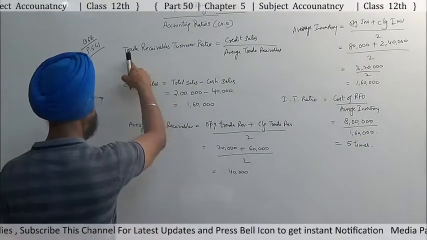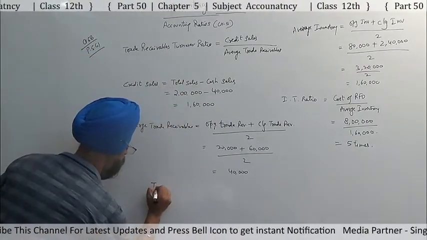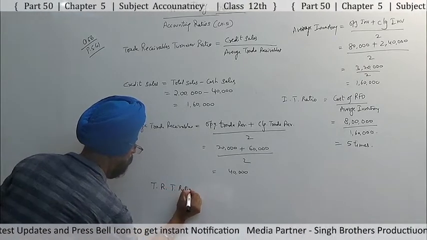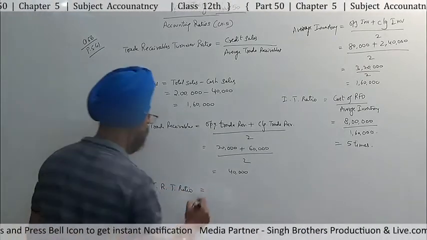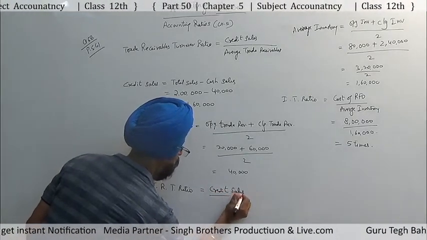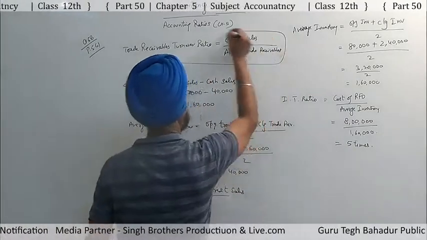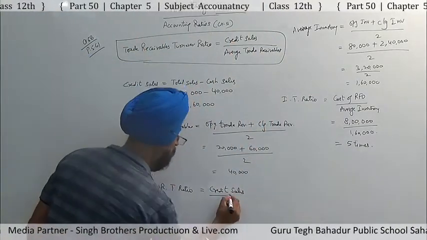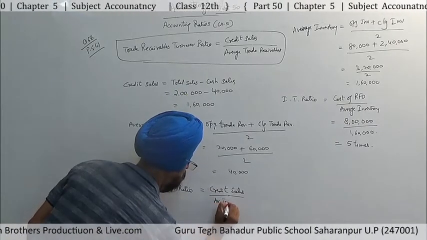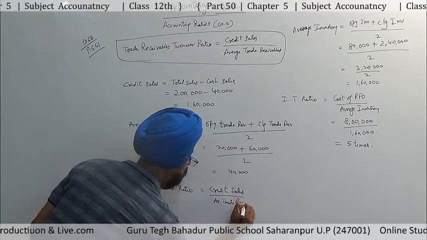Now come to this trade receivables turnover ratio. It is credit sales by average trade receivables.